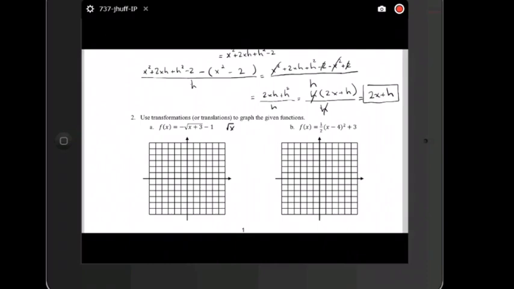So for 2a then, the transformations are what need to be identified. So the -1 moves the graph down 1 unit. The +3 here moves the graph to the left 3 units. And that minus sign in front is a vertical reflection, so it flips the graph upside down.